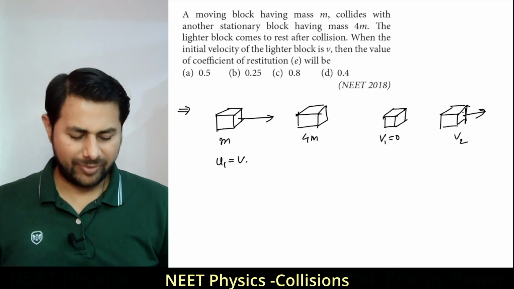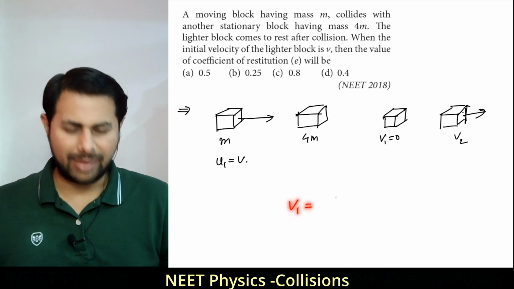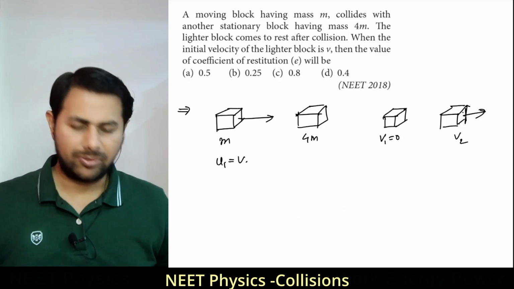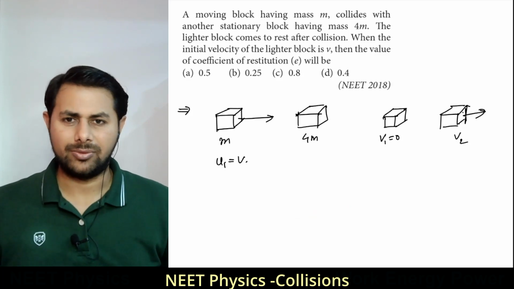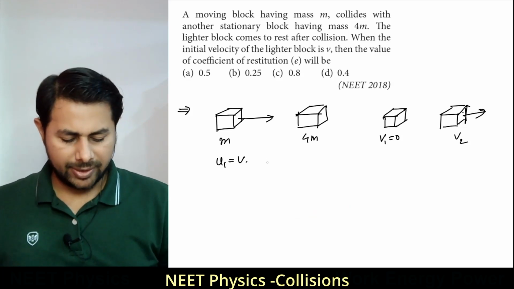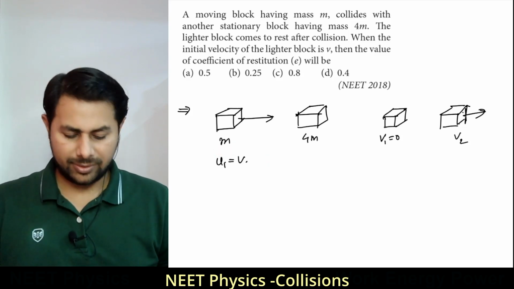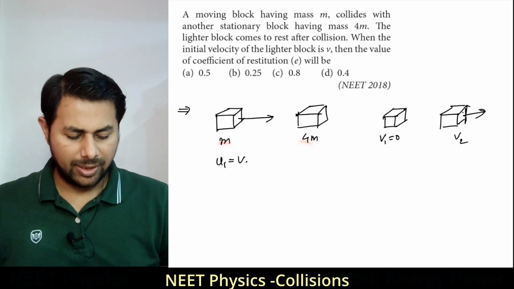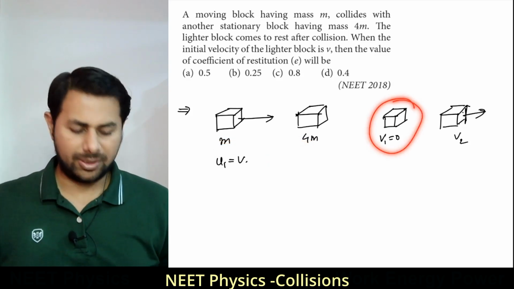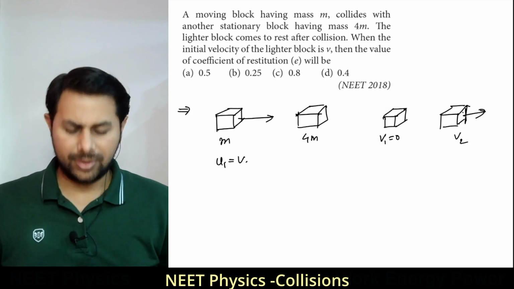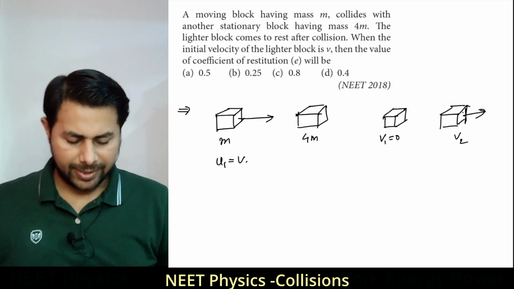From that we have the formula v1 is equal to (m1 minus m2) divided by (m1 plus m2) times u1, plus 2 times m2 upon (m1 plus m2) times u2, right? But in this one, two conditions are given. Masses are already given, and one more condition is given, that the first body comes to rest after the collision. So this one is simple, right?